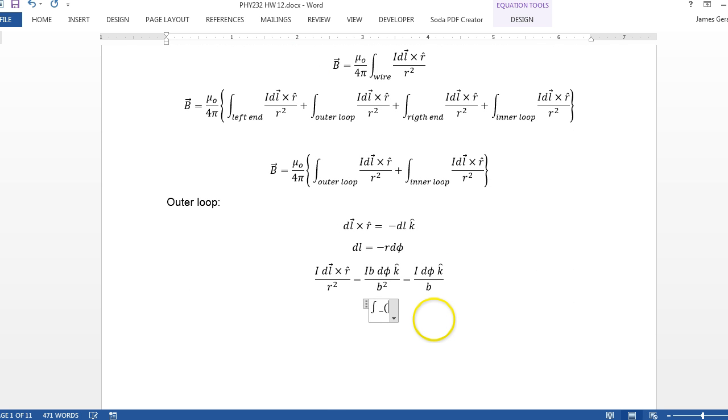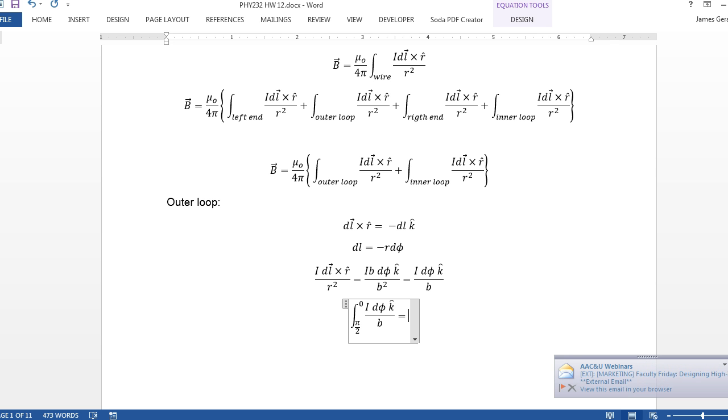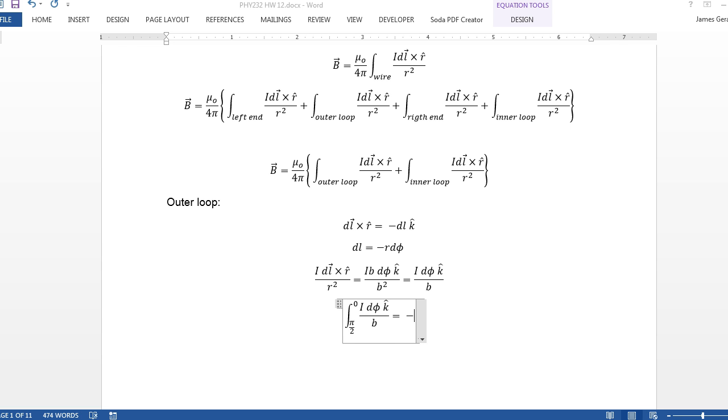And so we're going from pi over 2 to 0 of I d phi k hat over B. d phi is the only variable here, I k hat over B is a constant. d phi goes from pi over 2 to 0, so this is evaluated at 0 minus pi over 2, and so we just get a minus I k hat over B times pi over 2. Simple enough on the outer loop.